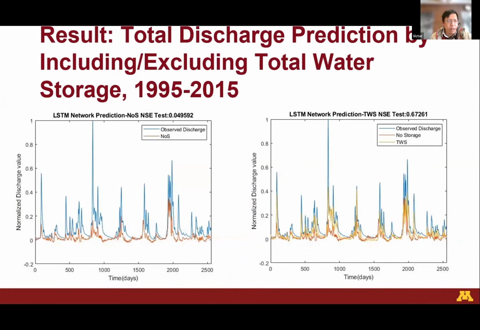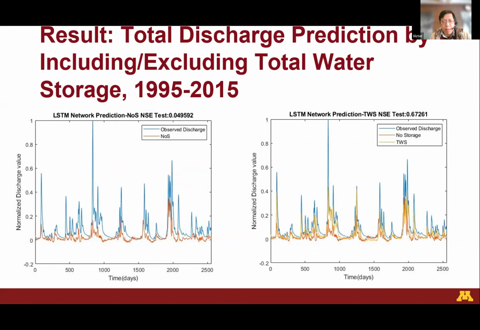And here is the first result. The blue hydrograph is the stream flow of the observed data, and the red result is a simulation without storage. On the right, the orange hydrograph is the result of the simulated stream flow with the water storage.